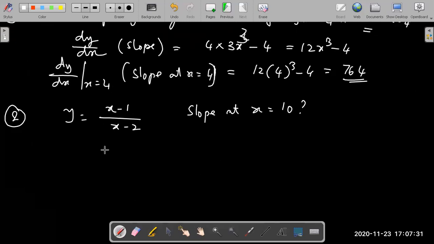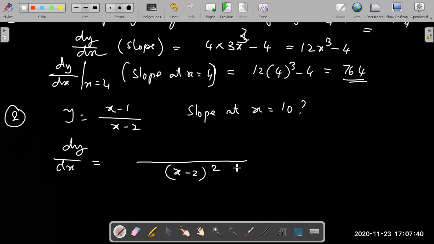Differentiation, so we need to use the u by v rule. So dy by dx equal to, over x minus 2 whole squared, u dash v, u dash is 1, v is x minus 2, minus 1. So x minus 2 minus 1. So you will have minus 1 divided by x minus 2 whole square.